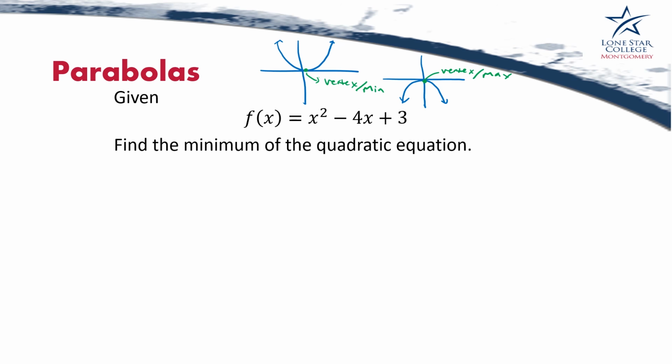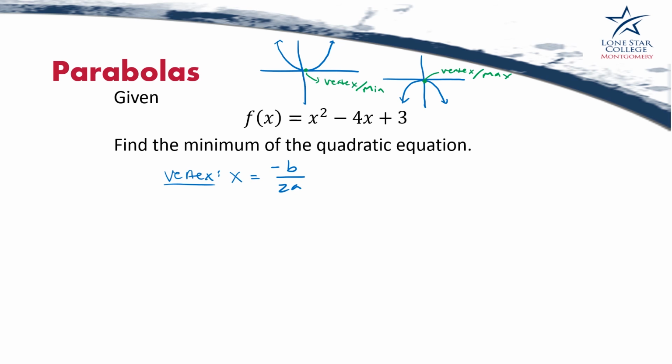Okay, so knowing that, we can find the vertex very easily. To find the vertex of a quadratic equation, there's a little formula. Because we're talking about a point, we need an x and a y point. To find the x value, you basically do negative b over 2a.